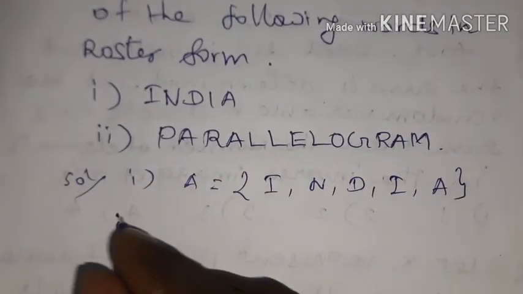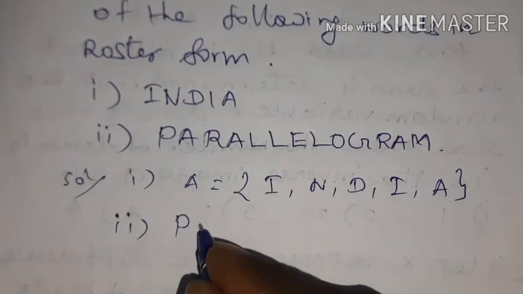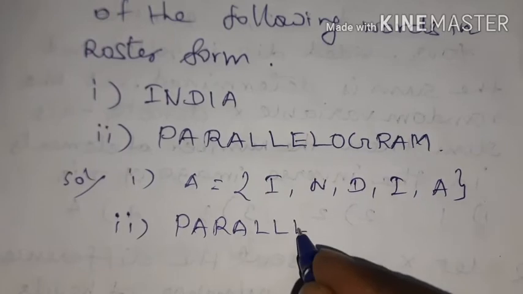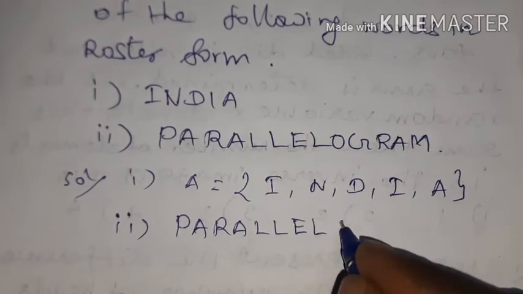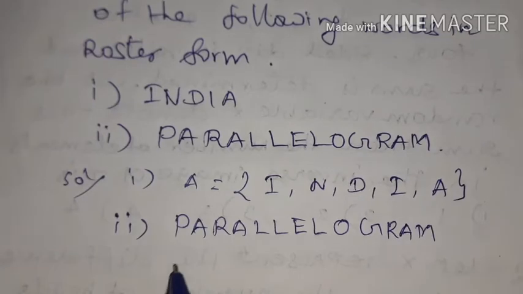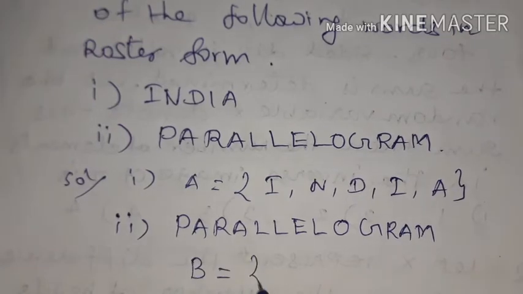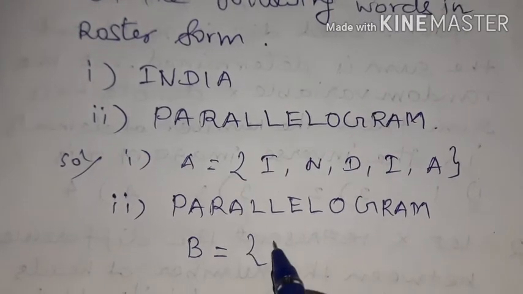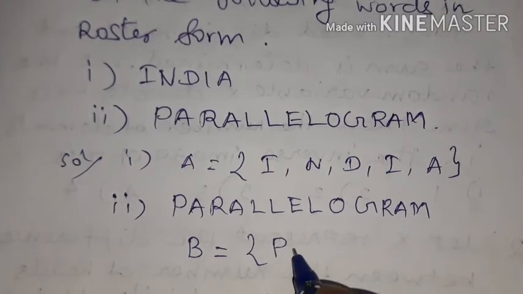Second one, parallelogram, P A R A L L E L O G R A M, parallelogram. This is set B. Write the elements one time within the curly brackets.